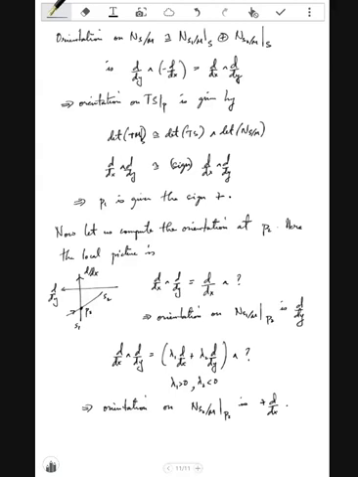Okay, so this implies the orientation on N S M is d by dy wedge d by dx.